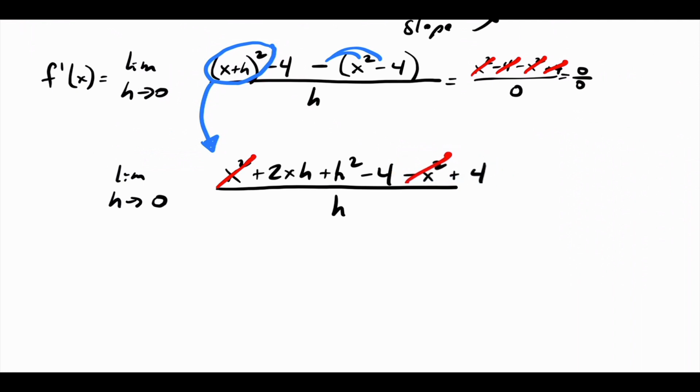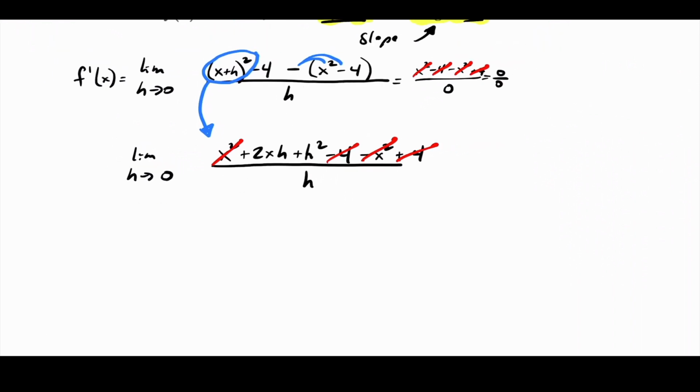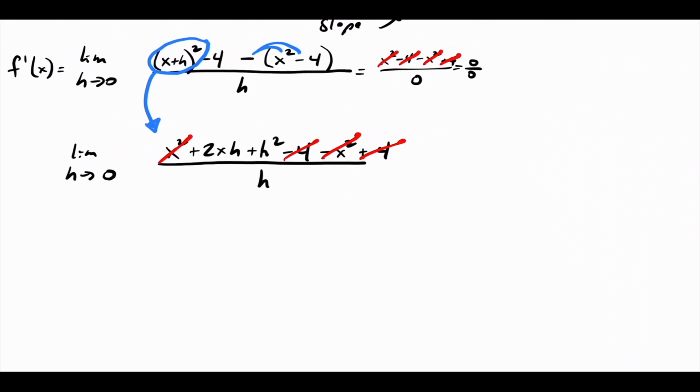So those guys will go away as well. So let's see what I got left. What I got left is the limit as h approaches 0 of 2xh plus h squared over h. That's what's left.